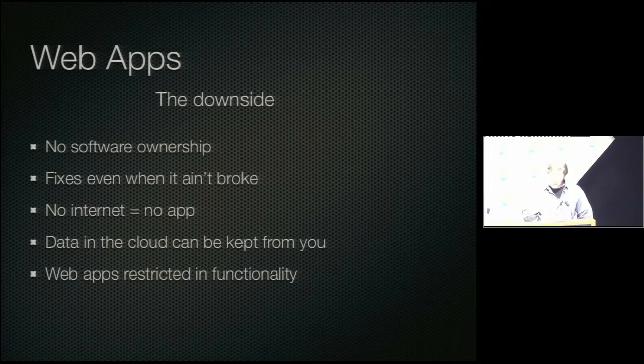But the last one is different, I think, from the others. The web apps are restricted in functionality is something we can actually do something about. It sort of came about that web apps are restricted in functionality because of the, Professor Hoyer was telling us about how they developed the web at CERN, and it was a way to just share static data for the most part.